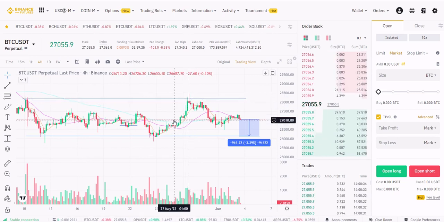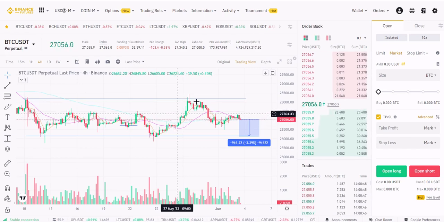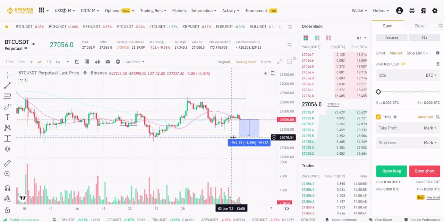This range could continue for another few weeks, but it could also just go down to the bottom of the channel, break the channel floor and go down by $1,000 or so. That's just Bitcoin.